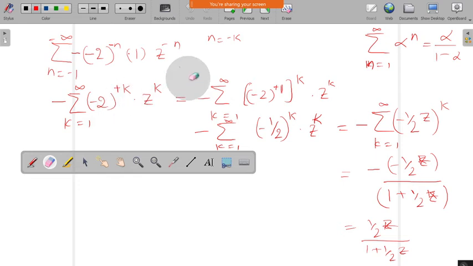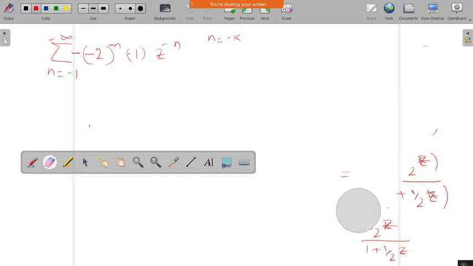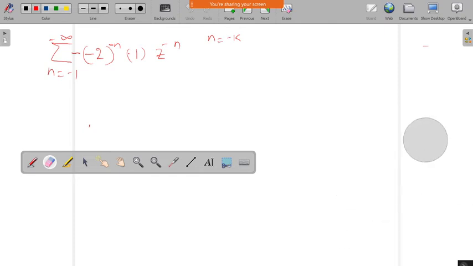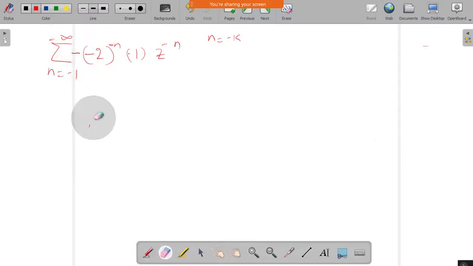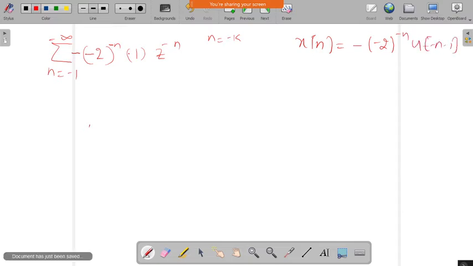So if you put 2 power minus of minus 2 power n minus n, you will get that result. Okay, so this is x of n, if it is minus of minus 2 power minus n into u of minus n minus 1, then you will get 1 over 1 plus 2 z inverse. Okay.